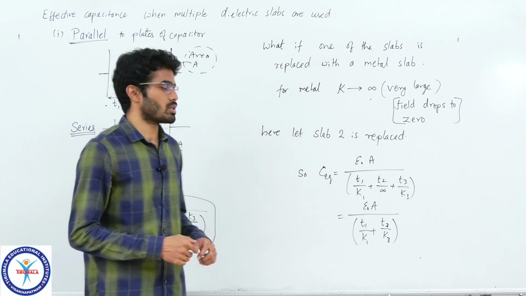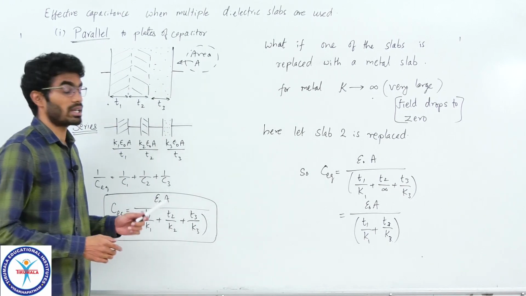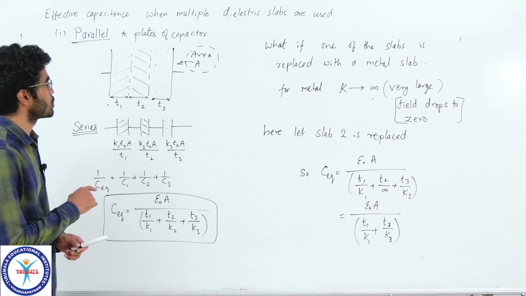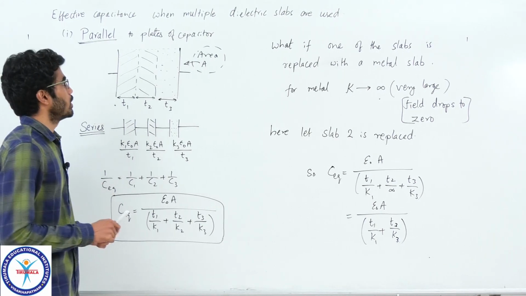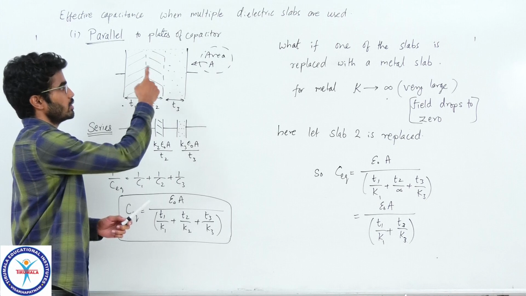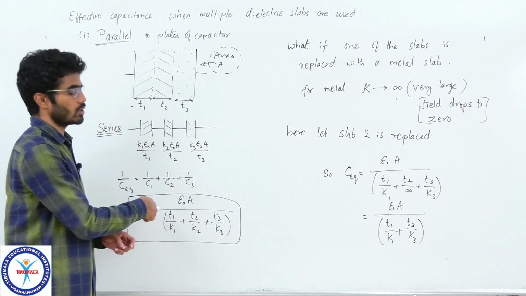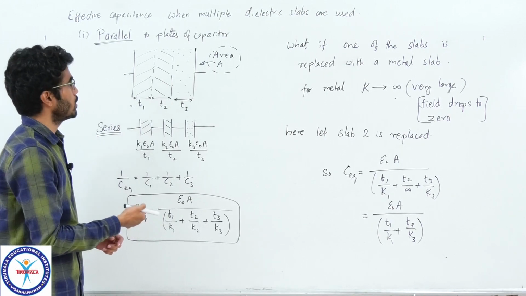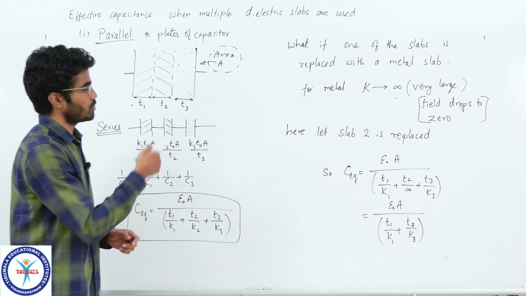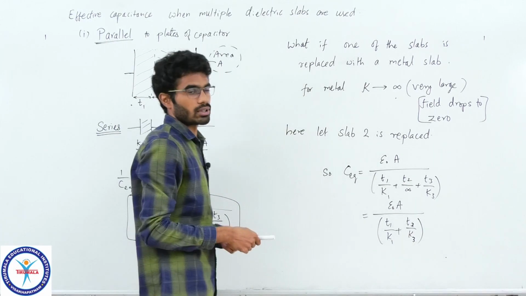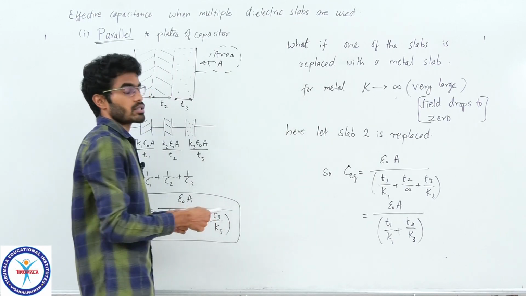Okay, let's see what happens if one of the slabs used is a metal slab. Out of these 3, let's replace one of the slabs with a metal slab. Now you know that in a metal the field drops to 0. So you can use this equation to calculate the effective capacitance by taking the dielectric constant for metal as infinity, because it is very large.